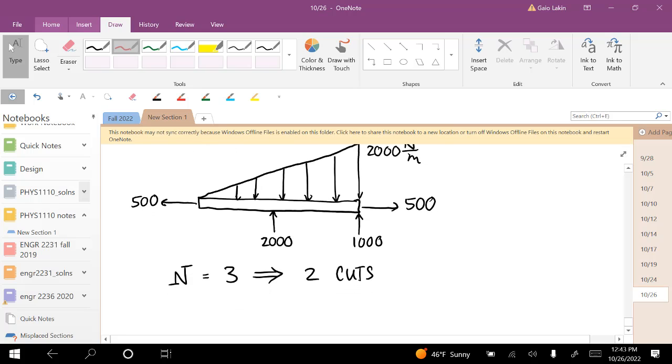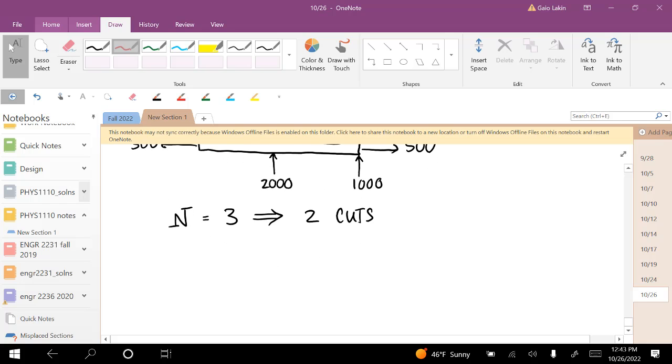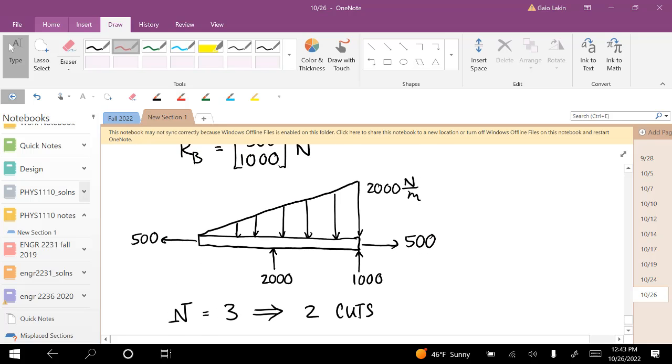And before I go into the first cut, let's think about what that Q function is. Okay, it was a constant function last time. What is it this time? You can see it's not constant. Well, if we think of it as just a line, we just need the equation for that line. The slope is going to be, it goes from 0 to 2,000 over a distance of 3.